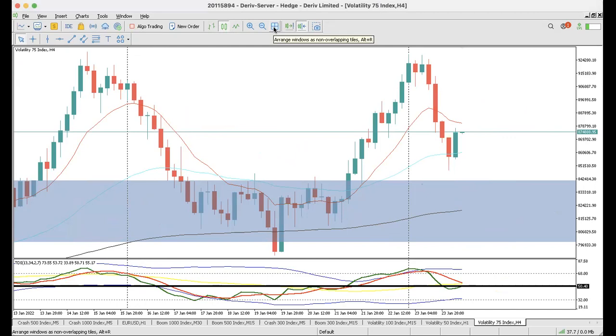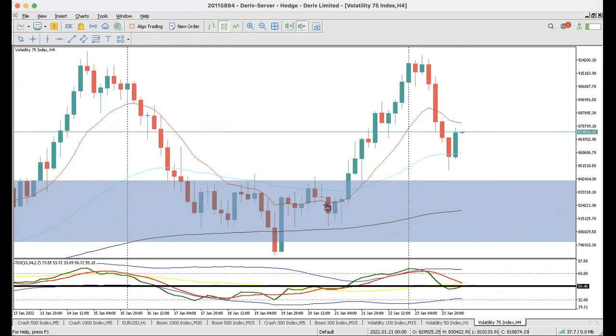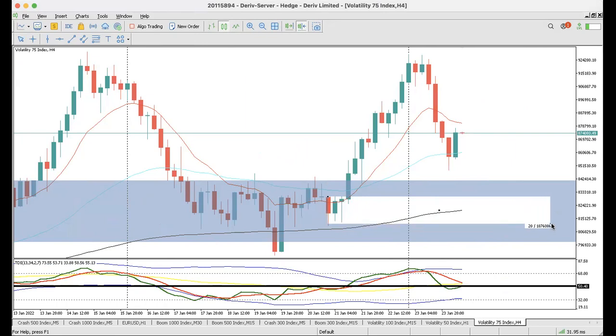If you're expecting a buy, you look for bullish order blocks. By bullish order blocks, I simply mean the last red candle before the price pushed up, right? The significant one is this one here. So now this is a zone on H4, which is inside a zone on the daily, right?